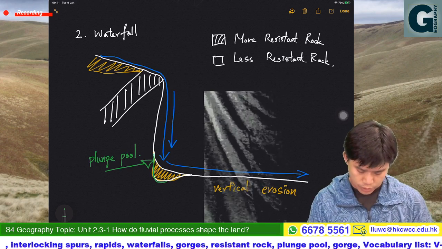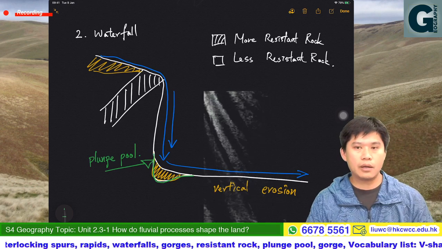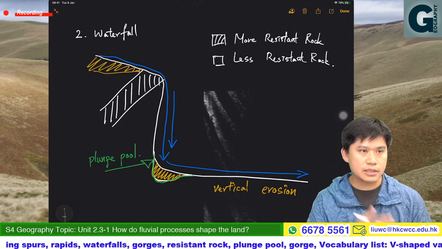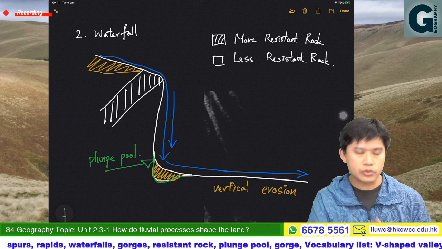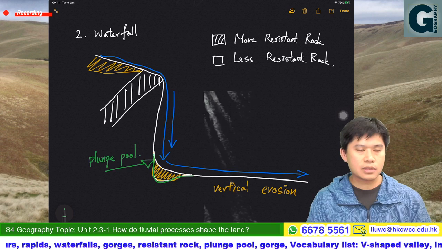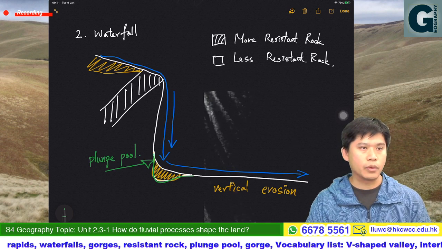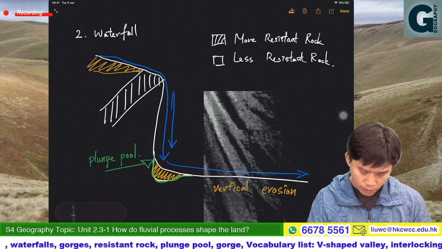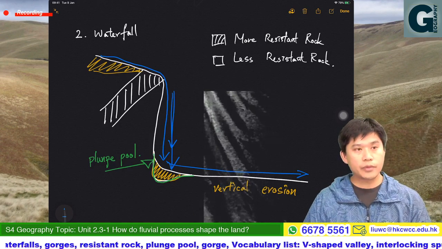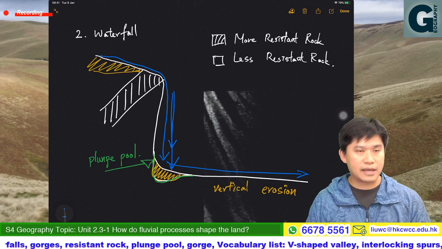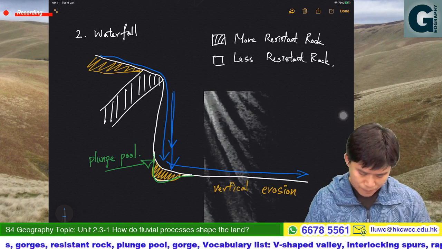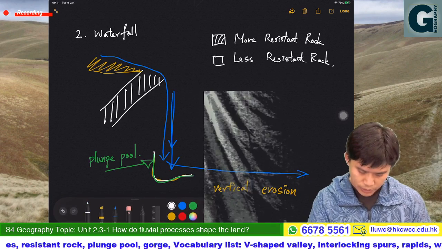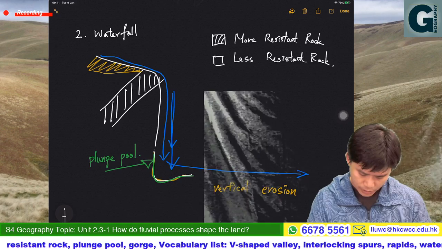Here, plunge pool. So for nearly most waterfalls, at the bottom of it you can see a plunge pool. Why? This is because when the water flows from the top, it creates strong hydraulic action, so that may create a pool at the bottom of the waterfall.